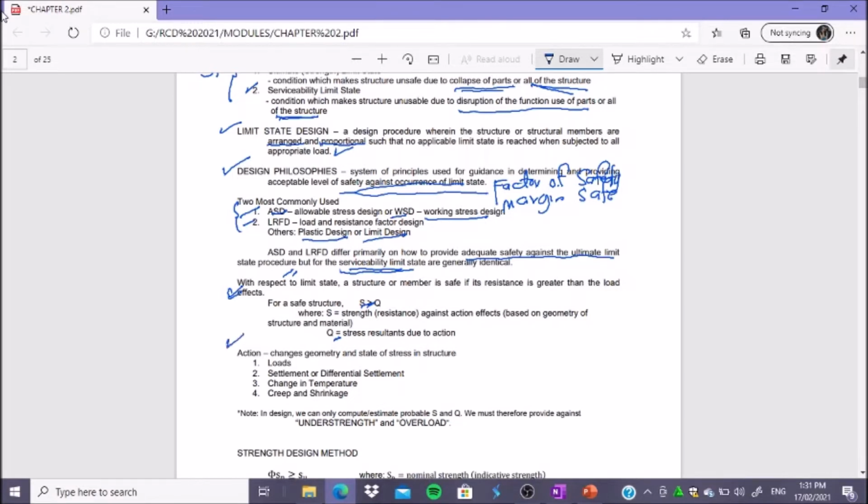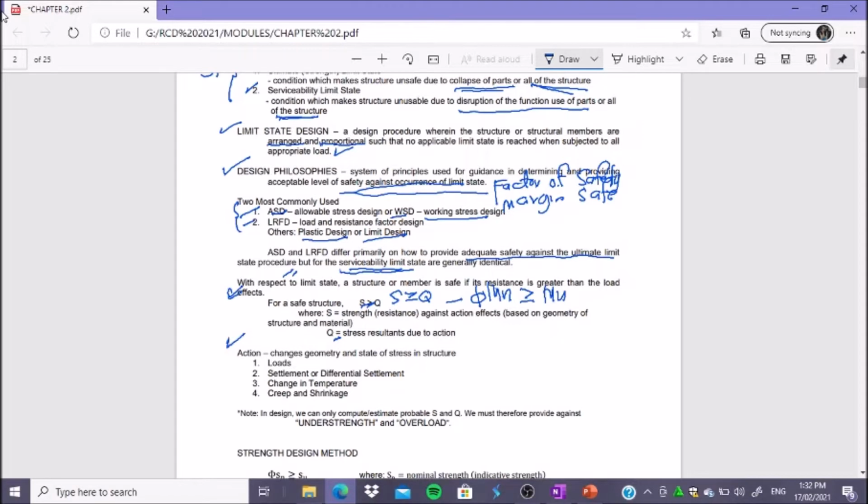Ano ba yung mga actions? By the way, here, kailangan S must be greater than or equal to Q. Hindi po pwedeng less than. Actually, ang kaparehas lang yan, yung phi Mn must be greater than or equal to Mu.